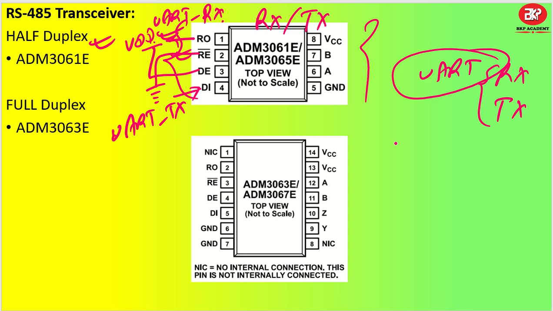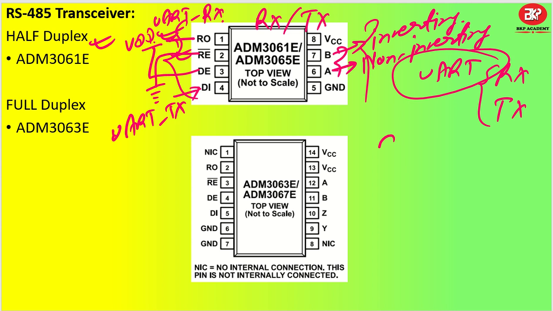Now two more pins are there in the half duplex we are seeing right now. A and B: A is non-inverting and B is inverting. These two pins act as driver output as well as receiver input. When this half duplex IC is working as a transmitter, then A and B will be acting as driver output.